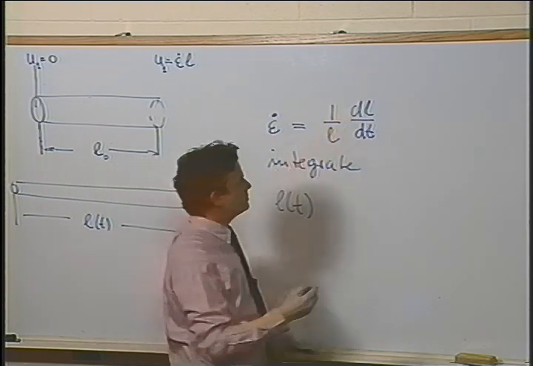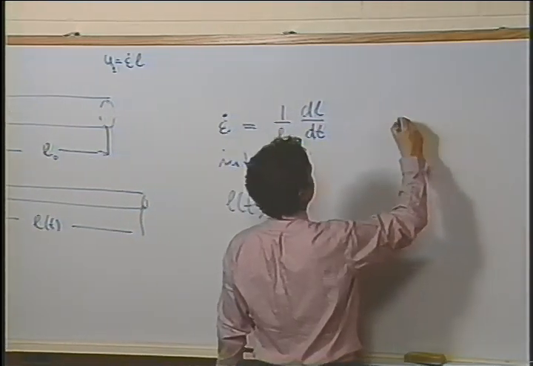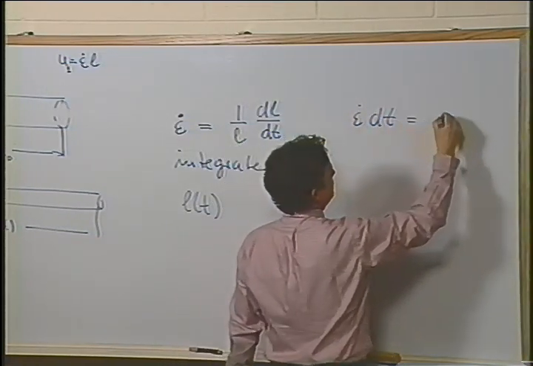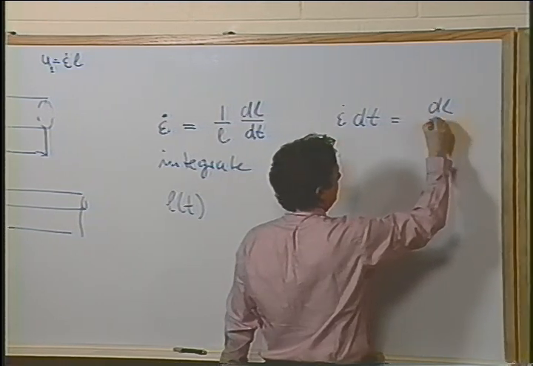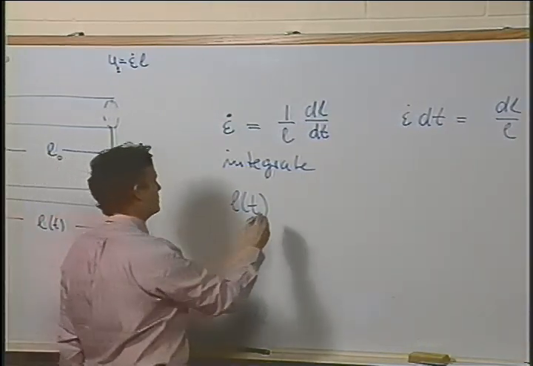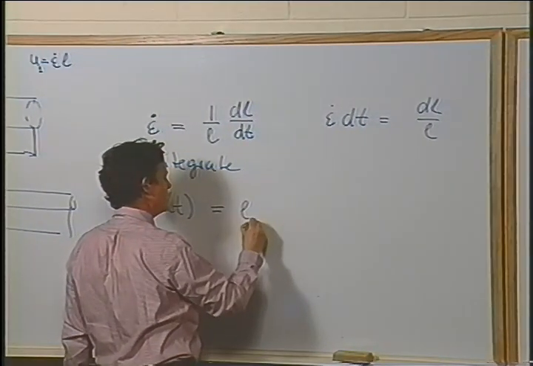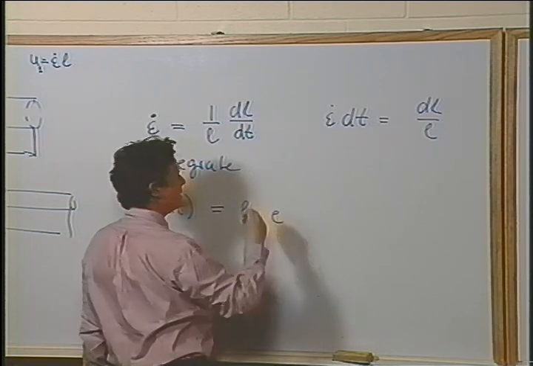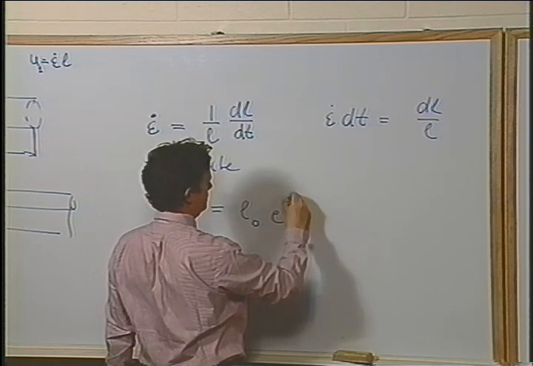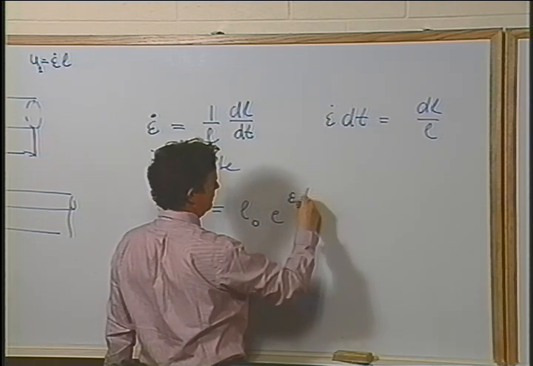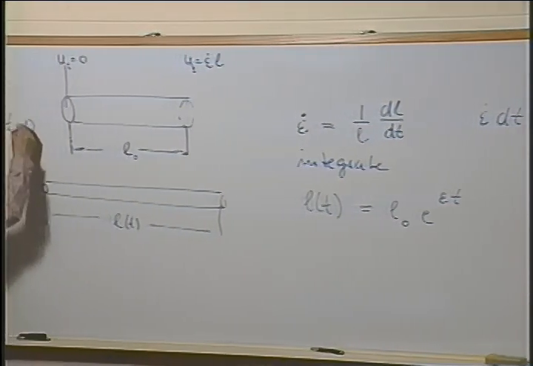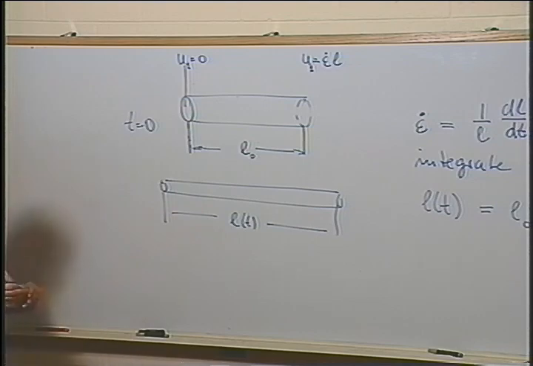You would have epsilon dot dt is equal to dL over L. You get the log coming in, and then you integrate this, and you find that the solution is L of t equals L0 times e to the epsilon dot t, if this is at t equals 0 and this is at some finite t.